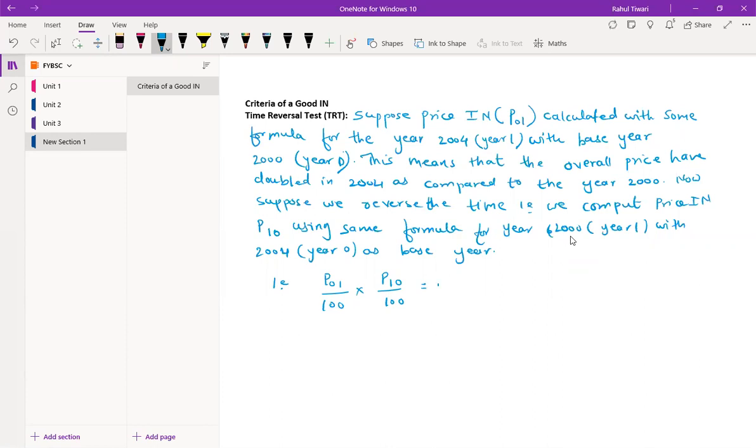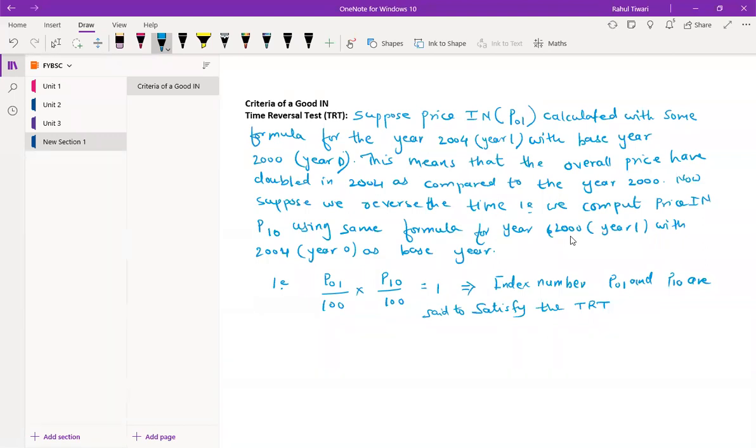If it is 1, this implies that the index numbers P01 and P10 are said to satisfy the TRT.